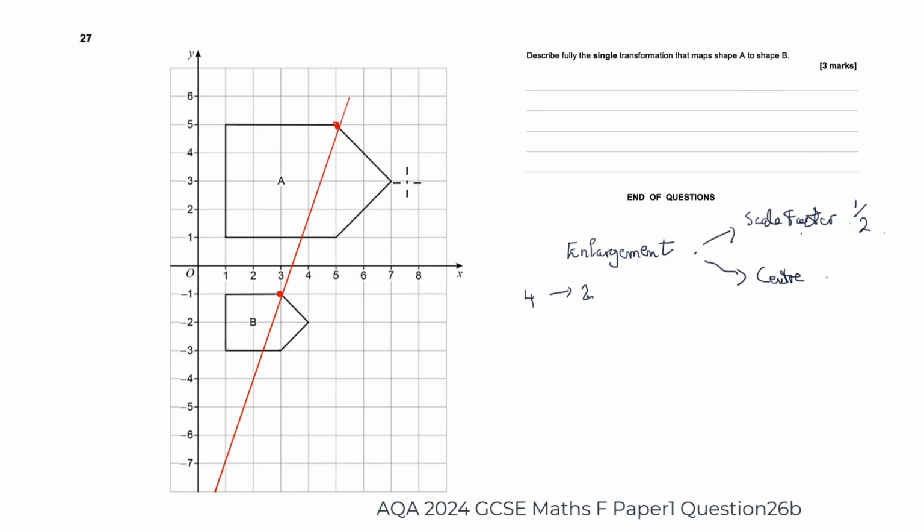Now we do the same again for another pair of points. So this corner of the shape A corresponds to this corner of shape B. So again, we'll take the ruler and see if we can fit it exactly to these.